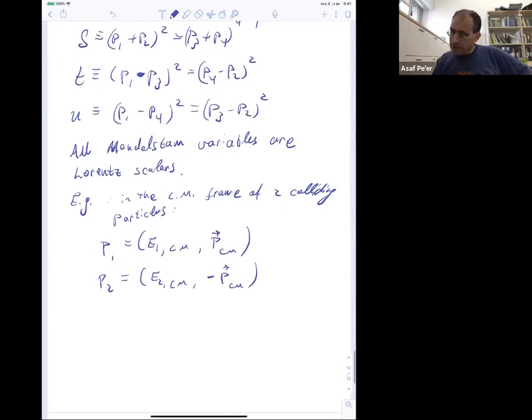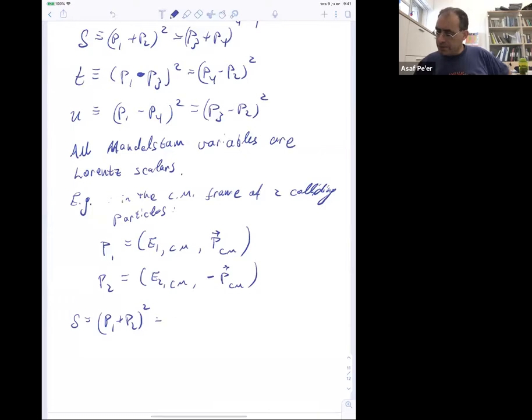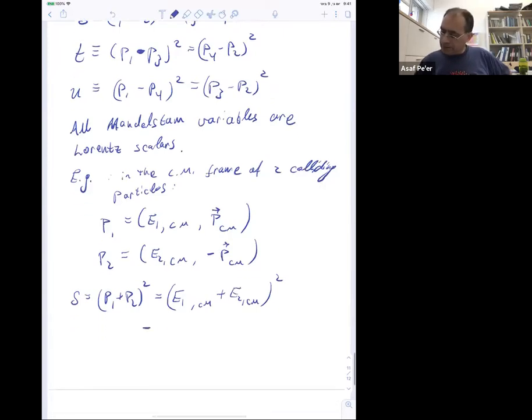So when we calculate the Mandelstam variable S, it's just (P1 plus P2) squared. It's just (E1 center of mass plus E2 center of mass) squared minus (P center of mass minus P center of mass) squared.